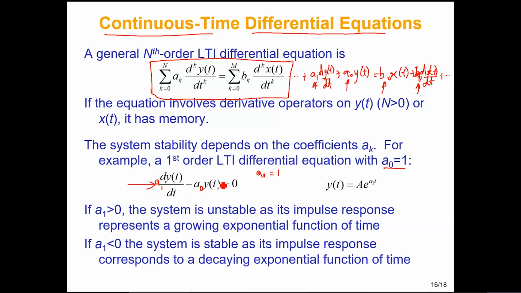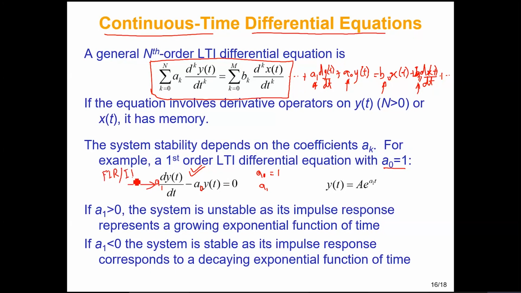So if you see this system, if A0 is equal to 1 and we have some value for A1, you would see that if you solve this differential equation, you will end up getting a result something like this. And that shows us that your system is infinite impulse response. Otherwise, just seeing this differential equation without even trying to solve it, we can judge whether you have an FIR or IIR.